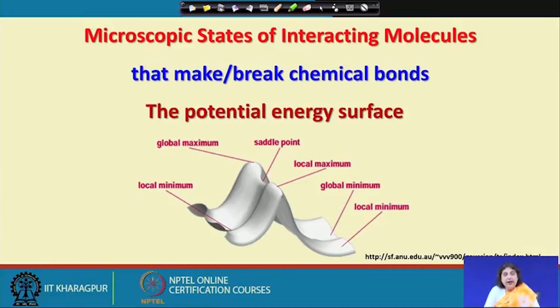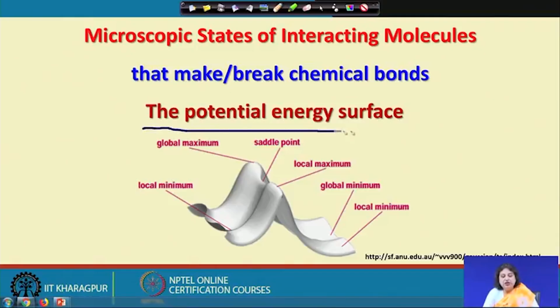Right now, I have interacting molecules which participate in the making and the breaking of chemical bonds. And therefore, you understand that this problem has taken an enormously difficult proportion. And in this case, with the development of quantum chemistry, we now know that the different microscopic states of these interacting molecules are represented in terms of what is known as a potential energy surface.